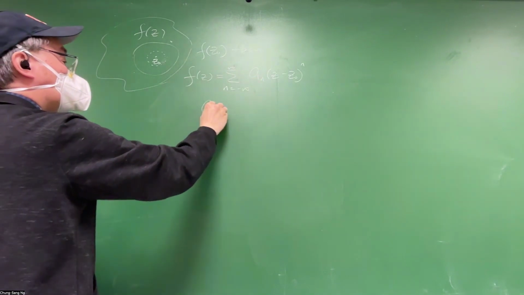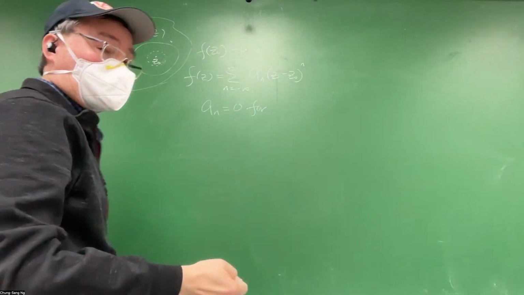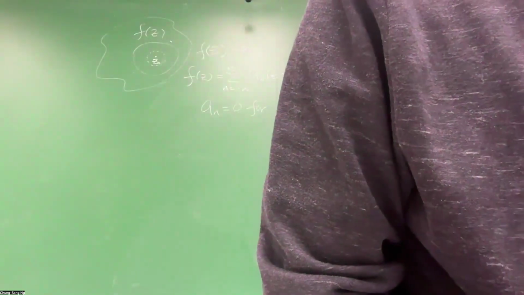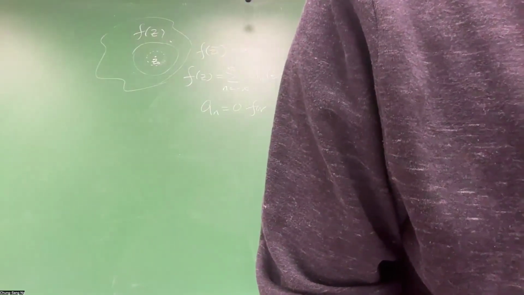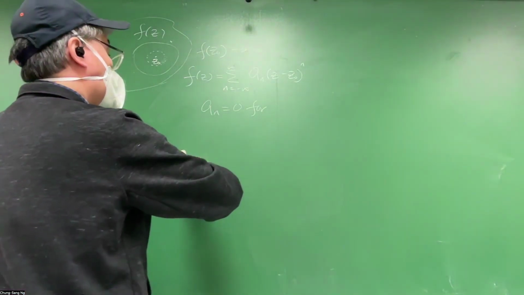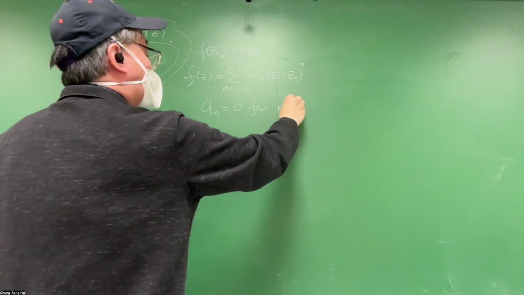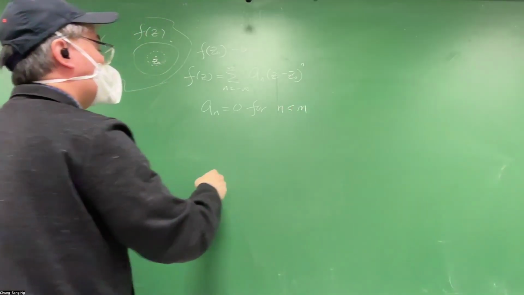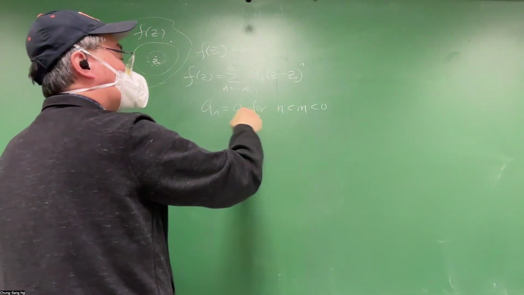So if a sub n equals 0, for, let's define another integer, for n less than m, which is less than 0, right? So you can do -1, -2, right?